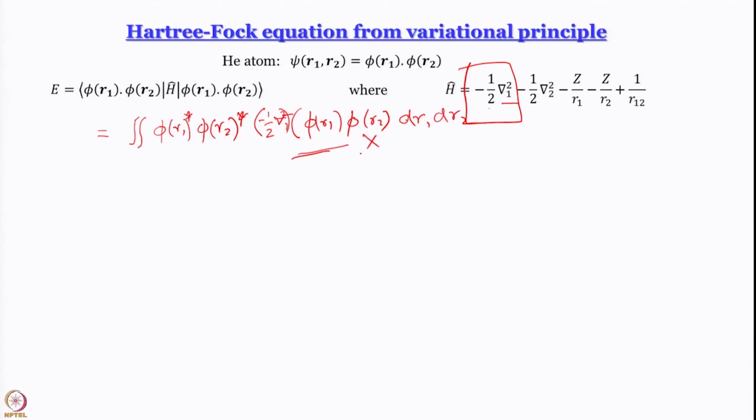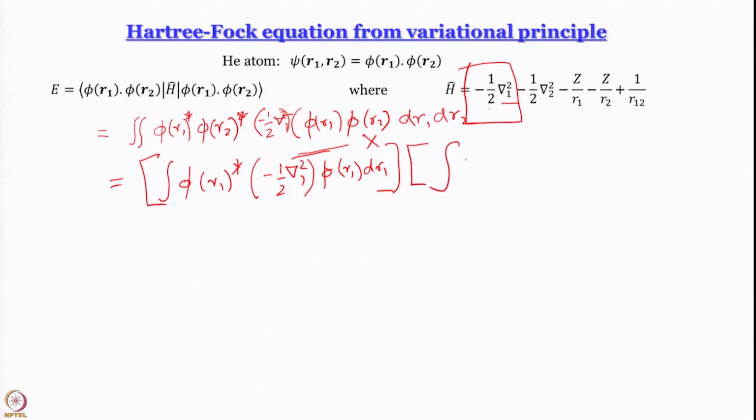So, this double integral conveniently becomes a product of two integrals: the integral of phi of R1 star multiplied by minus half del 1 square operating on phi of R1 dR1 is the first integral, multiplied by the second integral, phi of R2 star multiplied by phi of R2 dR2.